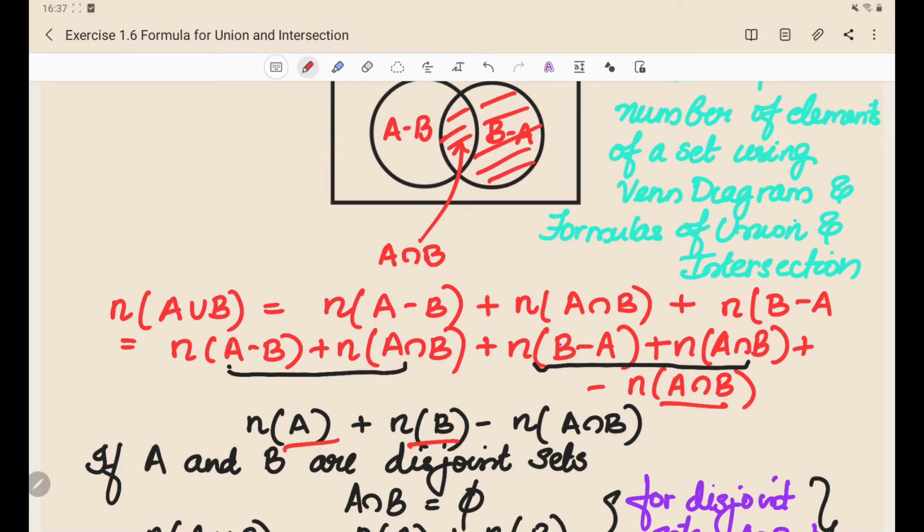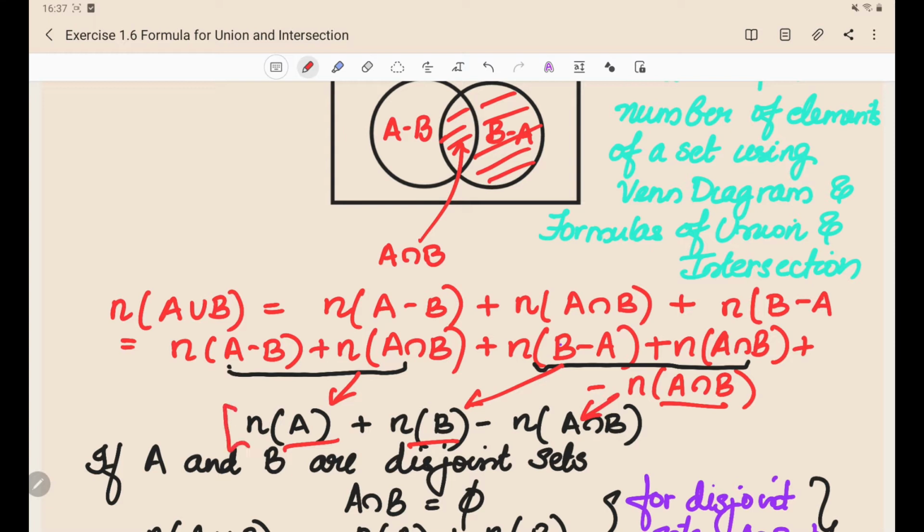Or if you want to derive the formula, you can take the separate sets: n of A minus B plus n of A intersection B plus n of B minus A. If you take n of A minus B plus n of A intersection B, it will give you n of A. Again, n of B minus A plus n of A intersection B will give you n of B. You have one leftover A intersection B and you just have to write it here.